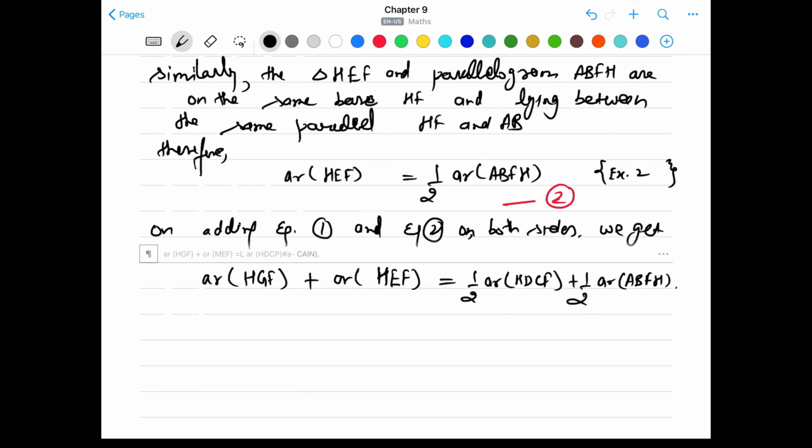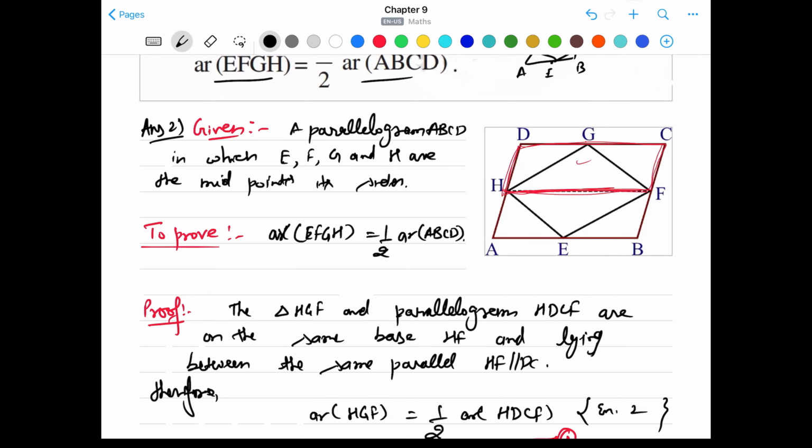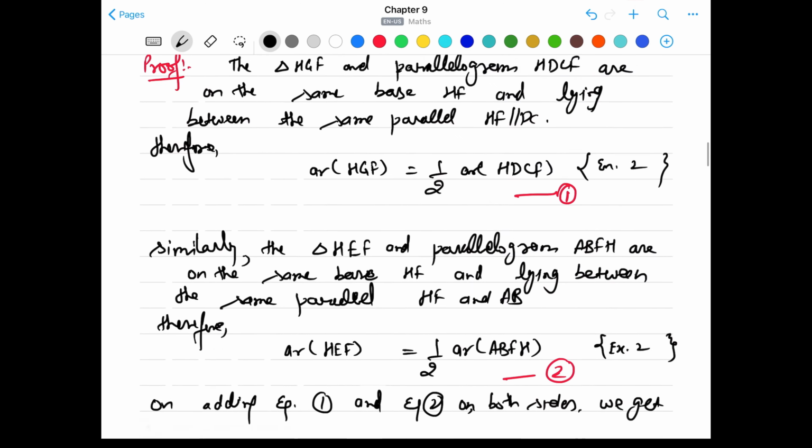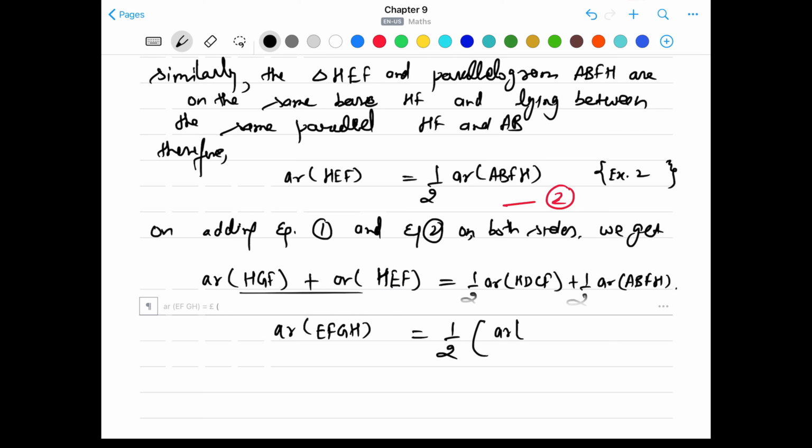ABFH. Okay, so when you add these two you will get the parallelogram EFGH. After adding these two you will get the area of parallelogram EFGH, and taking 1 by 2 common, that is taking half common, we are left with area of HDCF plus area of ABFH.